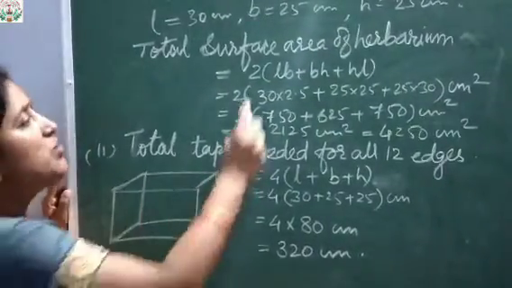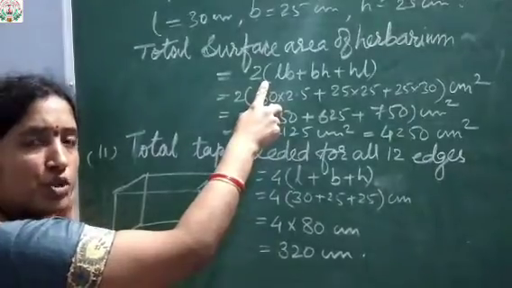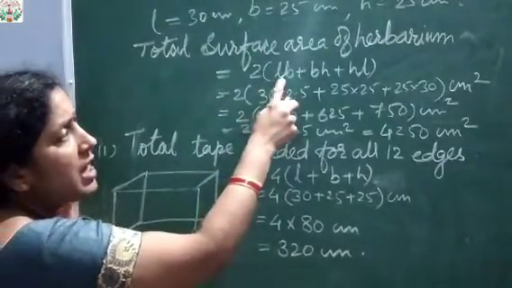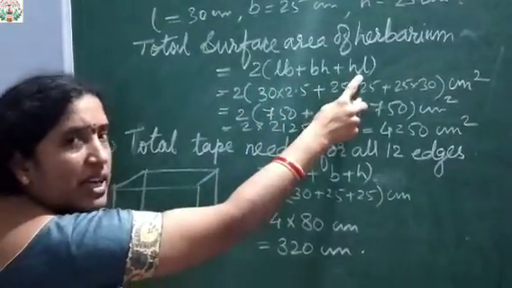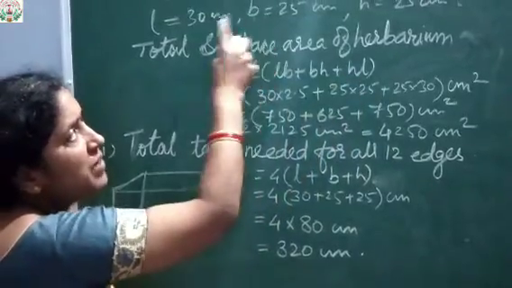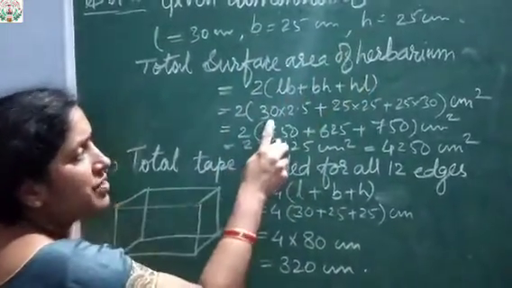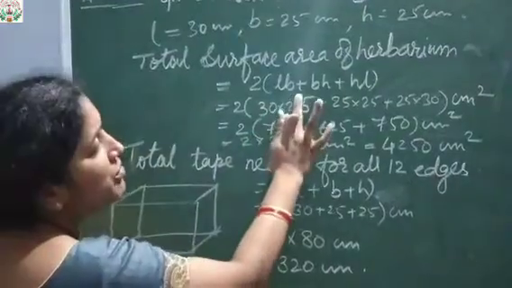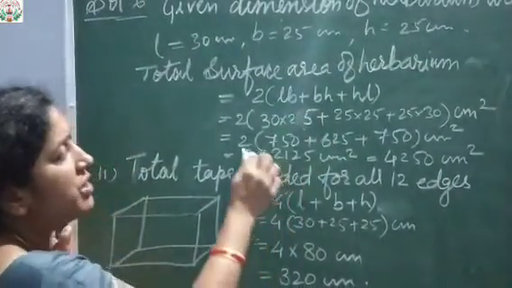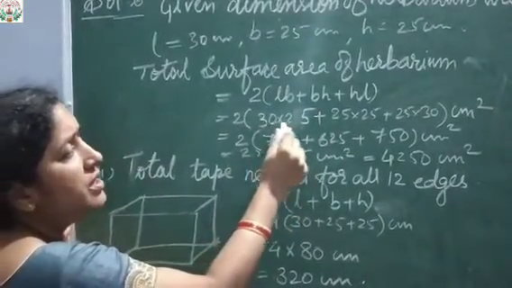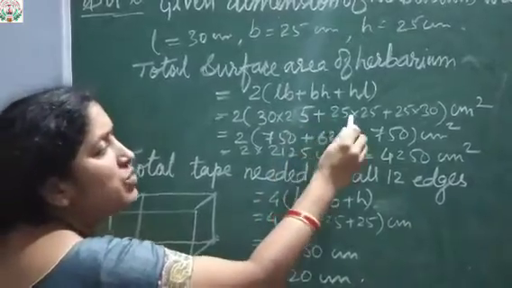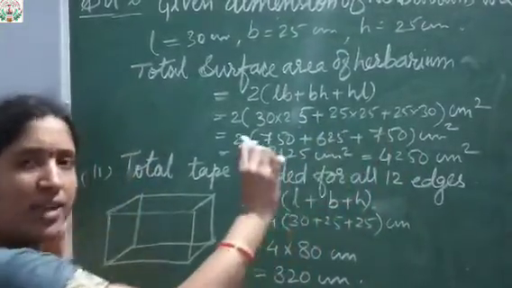The formula of total surface area of a cuboid is 2 into (LB plus BH plus HL). Now put the values of L, B and H: 2 into (30 into 25 plus 25 into 25 plus 25 into 30).